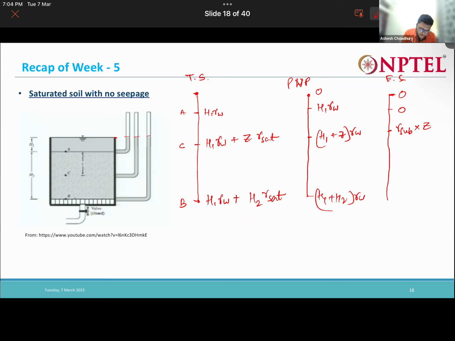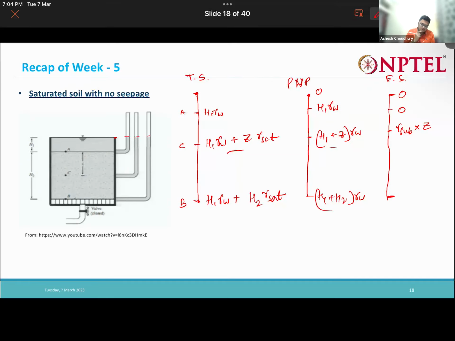So this minus this, if we do, it will be Z into gamma sat minus gamma W. So finally, you can write it as gamma sub into Z.